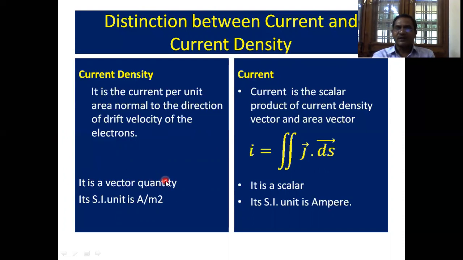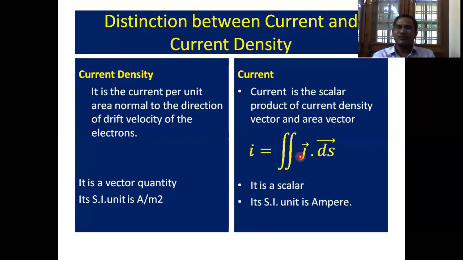It is a vector quantity, current is a scalar quantity. Since here we have taken the dot product of current density and area vector, the dot product always gives the scalar quantity. Current is the scalar quantity. It doesn't obey the vector addition laws, but J bar obeys the vector addition laws.